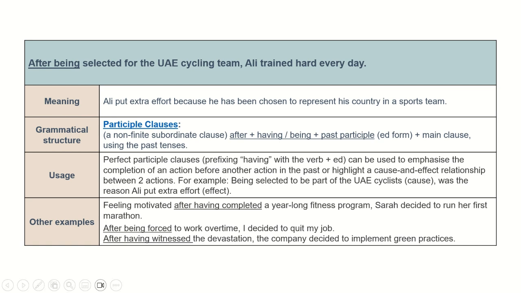So instead of saying a long sentence, I just contracted it, made it brief, and started my sentence with after being selected. I have two actions here. After being selected by others, Ali trained hard every day. So this expression is called participle clauses. We use this form after we use having or being plus past participle.